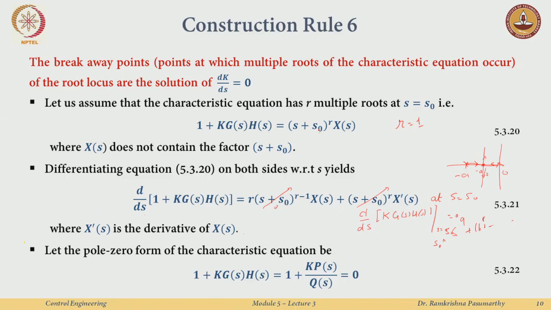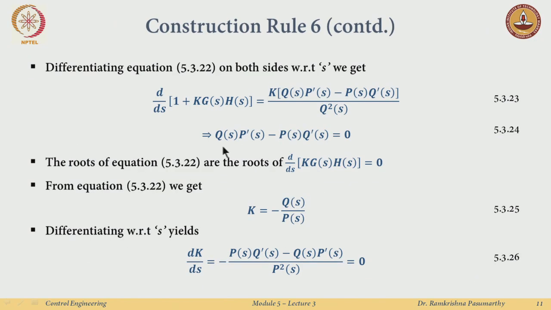So if s naught occurs twice, it means d over ds of k times g times h equals 0, right. So if s naught occurs twice, that meant that d over ds of 1 plus k g h is also equal to d over ds of g times h equal to 0, and we can have the k or not. Now this being 0 tells me that there is a multiple root. This being 0 also means that this is 0.